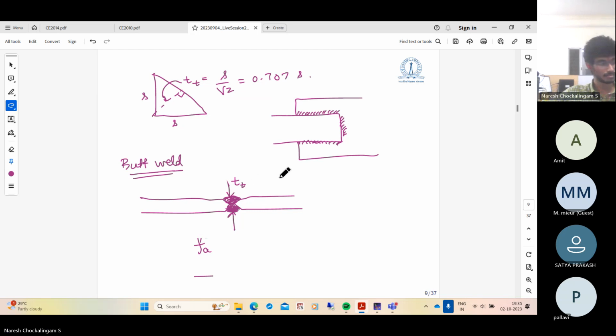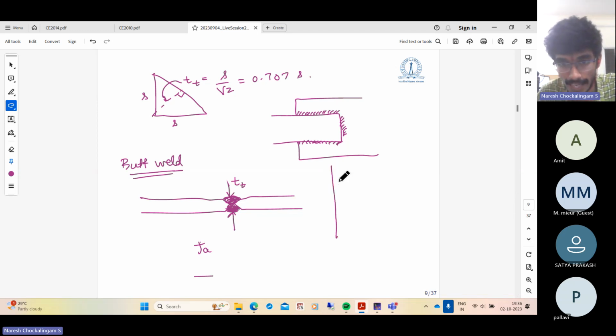So what else? Yeah, that's almost it. So while dealing with lap joints and butt joints, these are the types of welds we can have. When dealing with brackets, we can also have welds placed in eccentric connections.